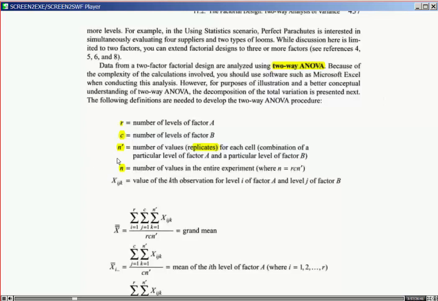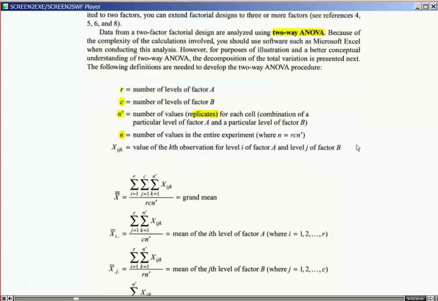So the difference between these two is we're going to enter our values in cells. And that'll have to do with the combination of a particular level of factor A and a particular level of factor B. That'll have to do with the interaction. And N is the number of values in the entire experiment. That's the combined number of data points.